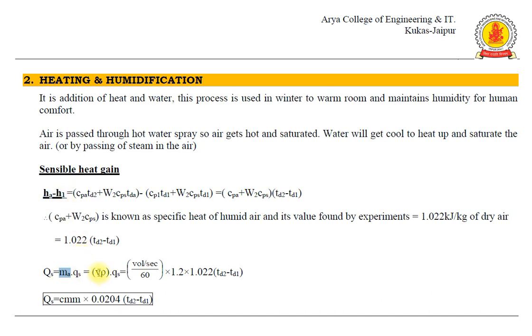Mass again is equal to volume into density. Volume is volume per second. If we have it given in the question, then we will divide it by 60 to convert it into volume per minute. Density of air is 1.2. This value we have taken from here, this whole value. We will solve it and we will get QS is cubic meter per minute into 0.0204 into TD2 minus TD1.